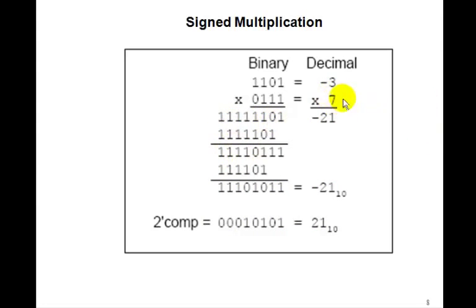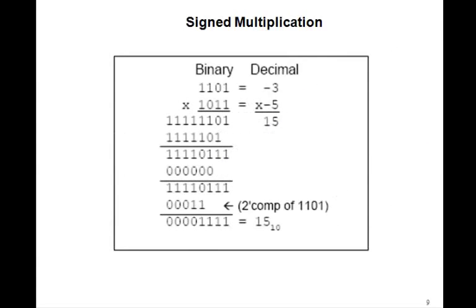Now that works if this multiplier is positive. However, if the multiplier is negative, so they're both negative now, well, minus 3 times minus 5 is plus 15. It works almost the same way, except you have to do one extra step. Here you multiply 1, they get sign extended, 1, sign extended.